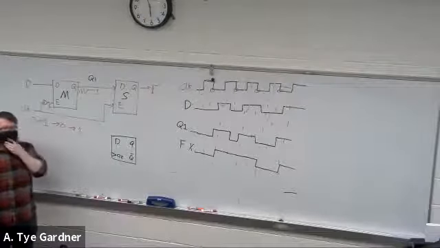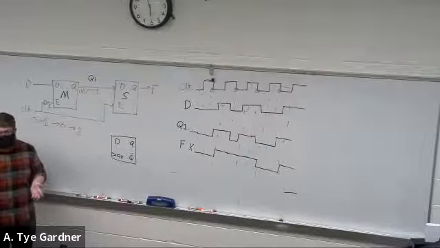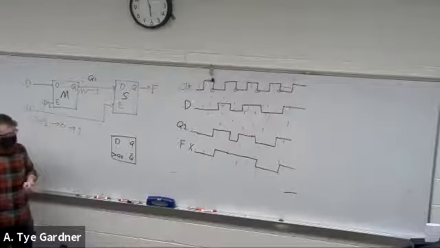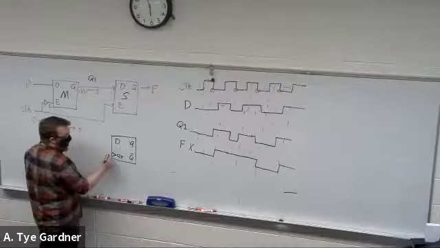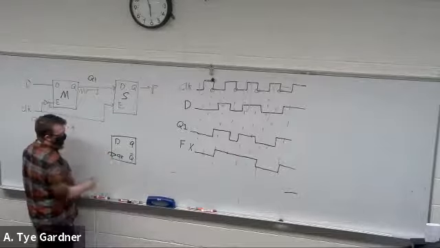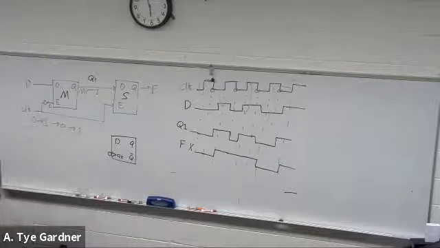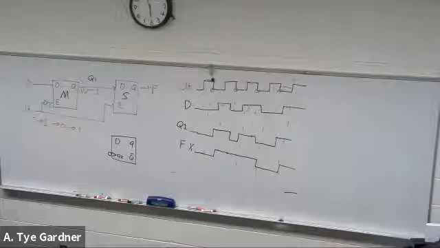Now, as I said, you could have a falling edge clock just as easily. The way you would notate that in the schematic symbol is, surprise, a bubble. So if you have a bubble and a little triangle, it means it's a negative edge clock or a falling edge clock. And that would update D on the falling edge and only on the falling edge.